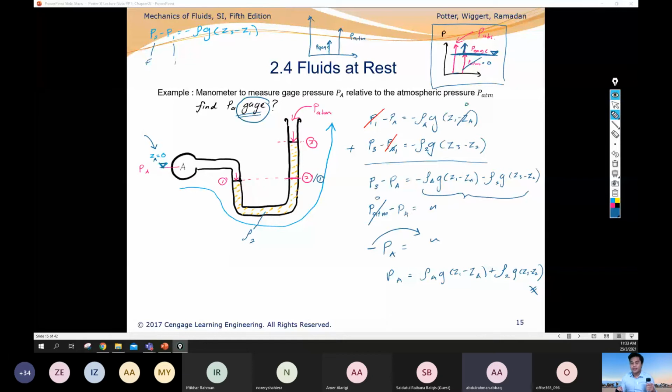The Z1, yes, perfect, negative value. Once we go through the example, you will find out that the Z1, Z2 might be positive, might be negative. Okay, so this is the concept we apply first.